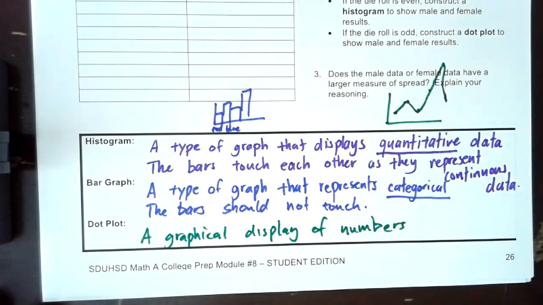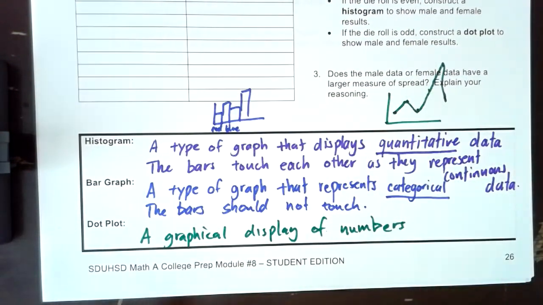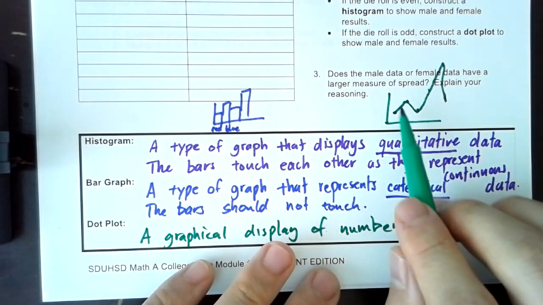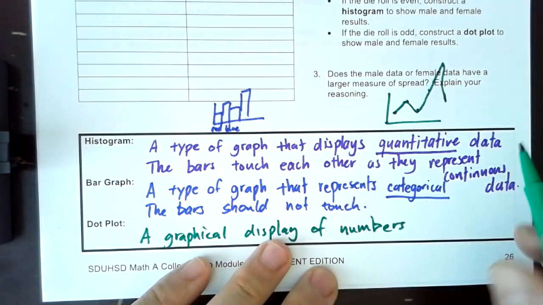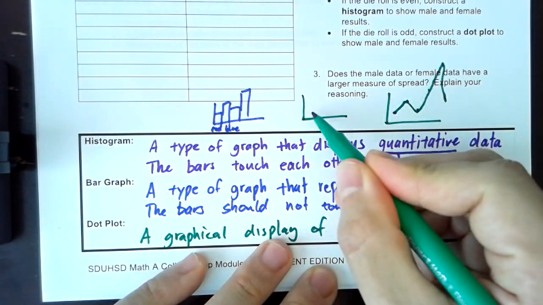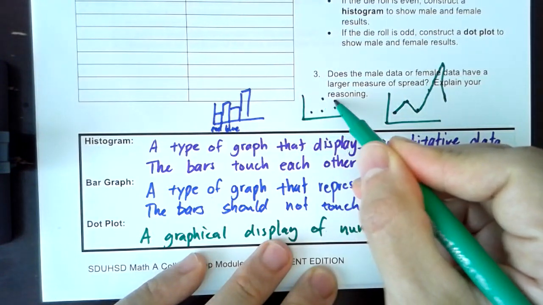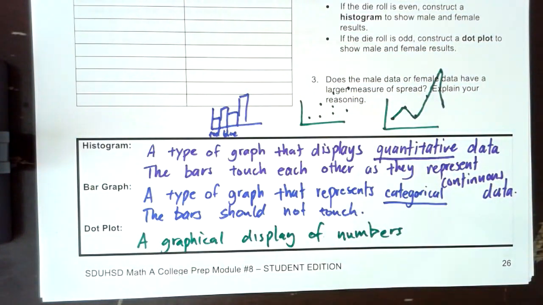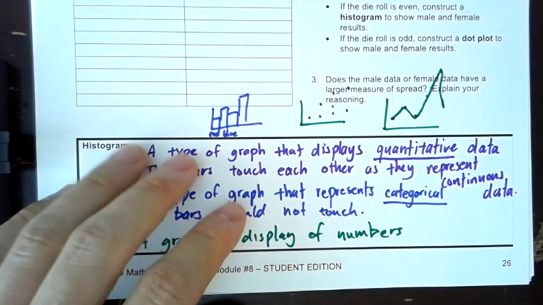And you can see how it's just representing the dots. Now this is kind of like overall growth over time, but sometimes dot plots can also look like this, just dots. Right? So it's just a display of numbers.